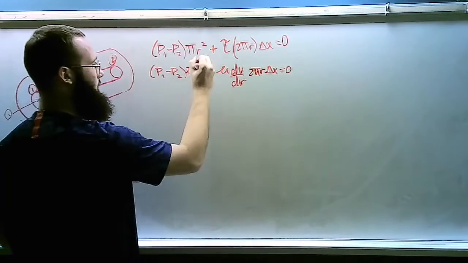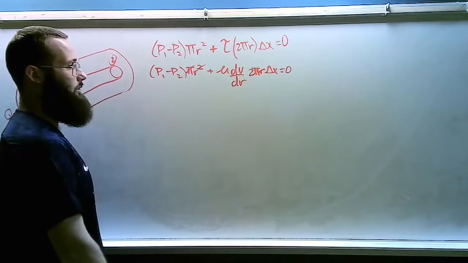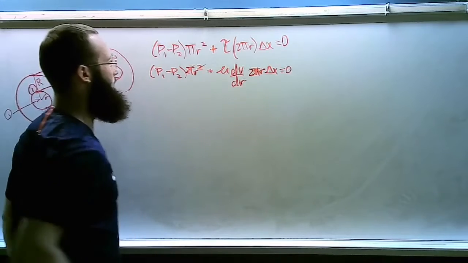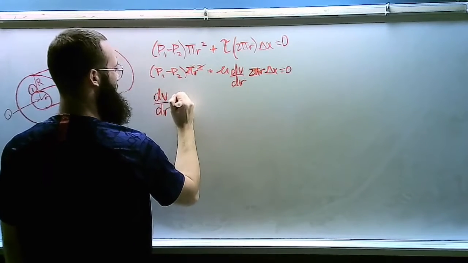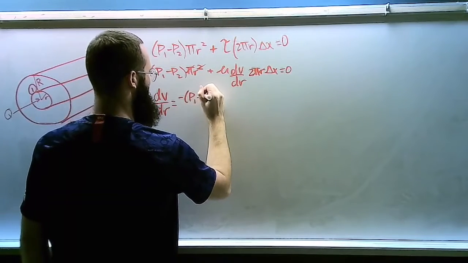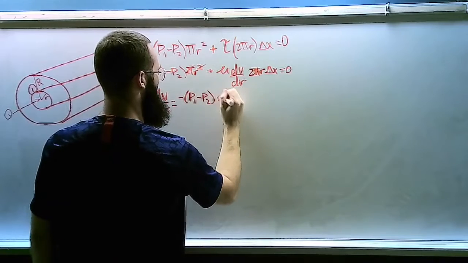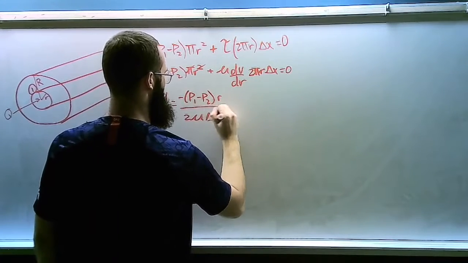So we can cancel a few things, a pi will cancel, and an r will cancel. And now we want to separate the dV dr. So doing that, we get dV dr is equal to negative P1 minus P2 r over 2 mu delta x.